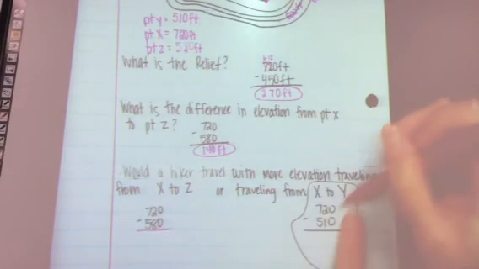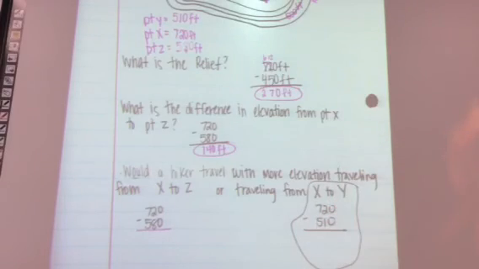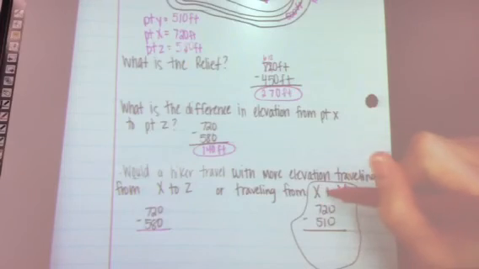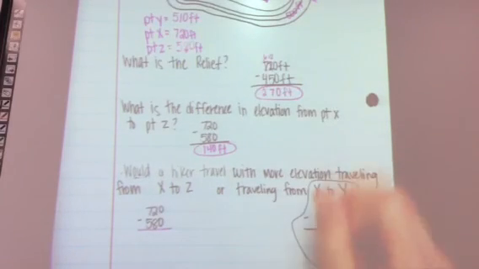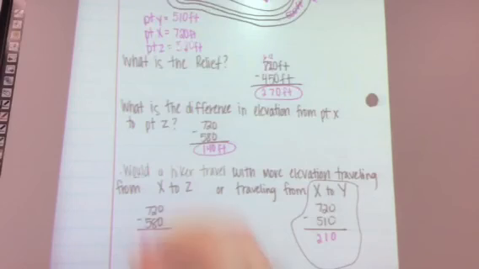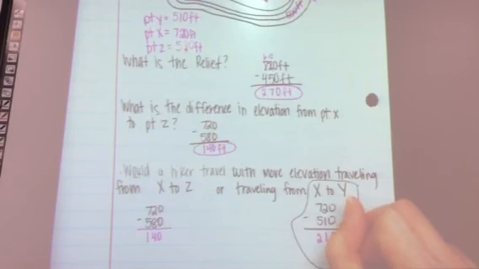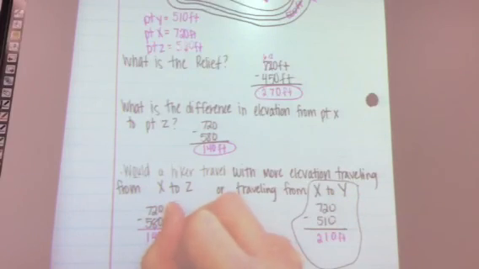And from X to Y, you're taking 720 minus 510. Which one is going to have a bigger elevation? You would get 210 here and 140 there. Which means the higher elevation would be 210, from X to Y.